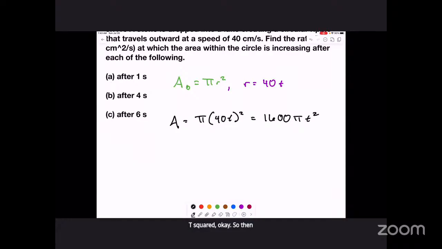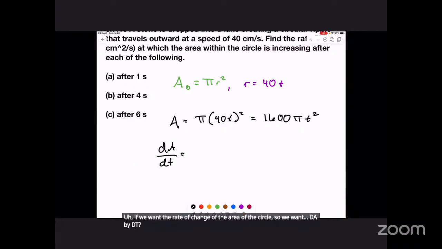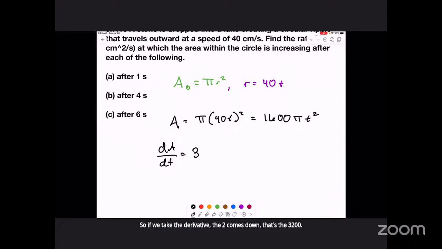So the area based on time is going to be 1600 pi t squared. If we want the rate of change of the area of the circle, so we want dA by dt, then if we take the derivative, the 2 comes down, that's 3200 pi t, and the units here are centimeters squared per second.